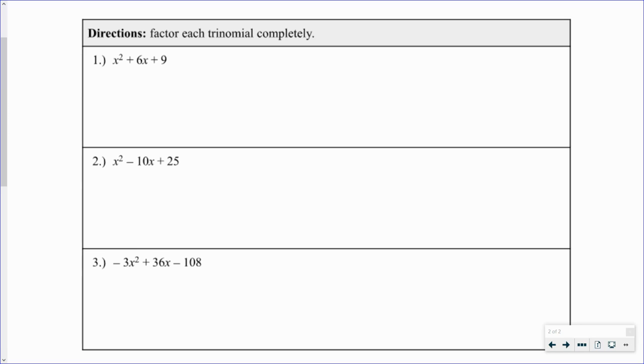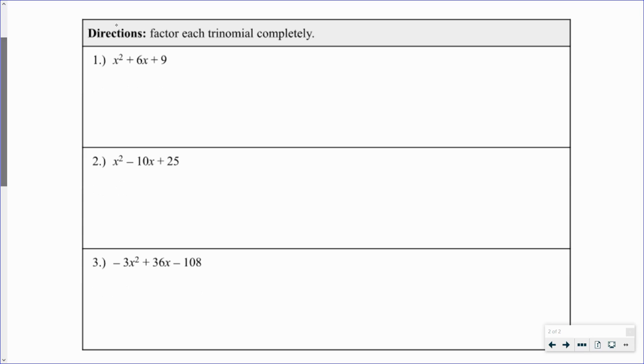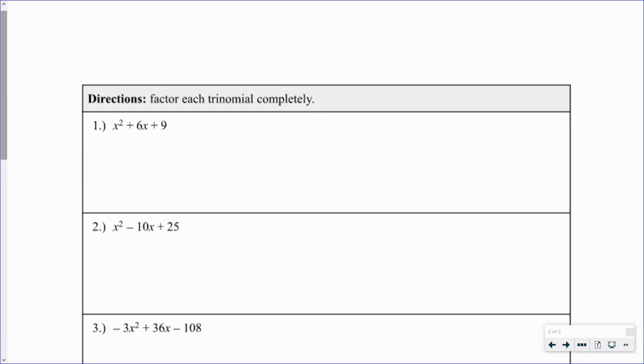If you look back in your notes, the two patterns that you see are a squared plus 2ab plus b squared equals the quantity a plus b, squared.